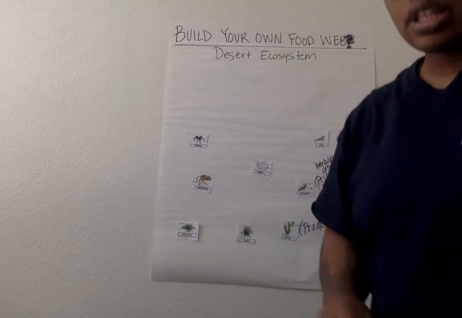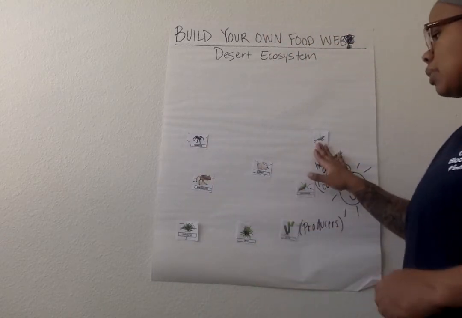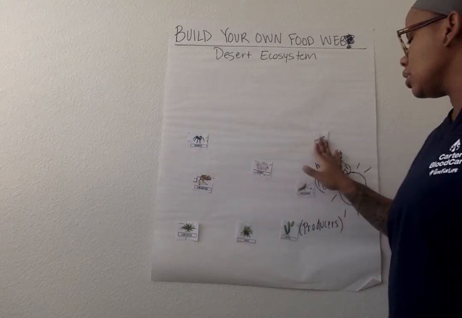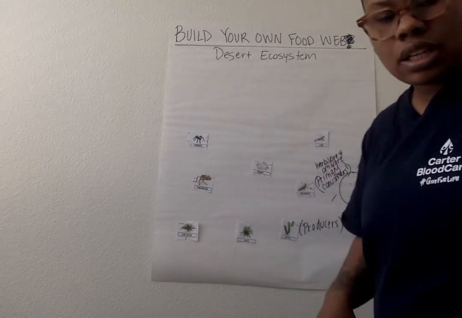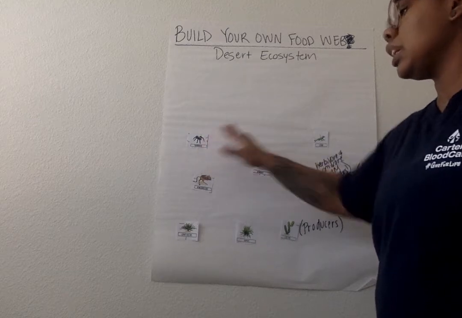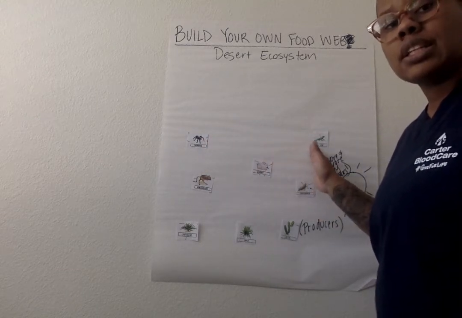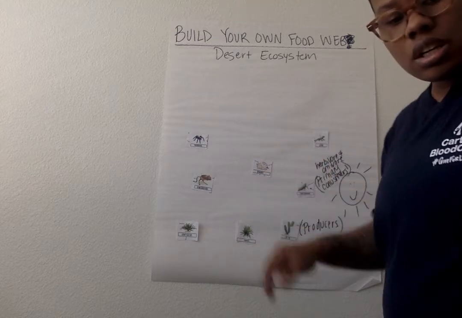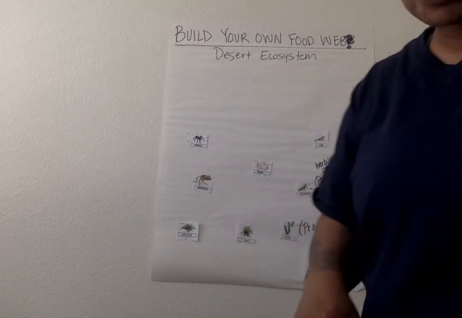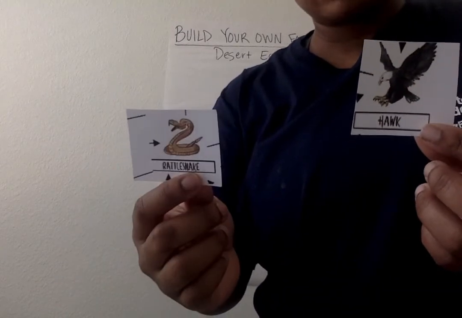Okay, and then I think about what animals, and these are part of my secondary consumers. And then I think about, well, what animals could eat these organisms? And I have a hawk and I have a rattlesnake.